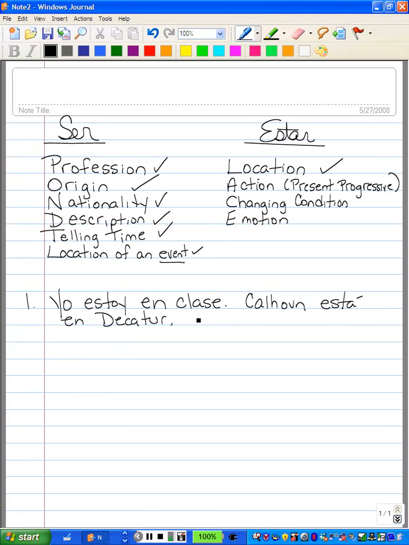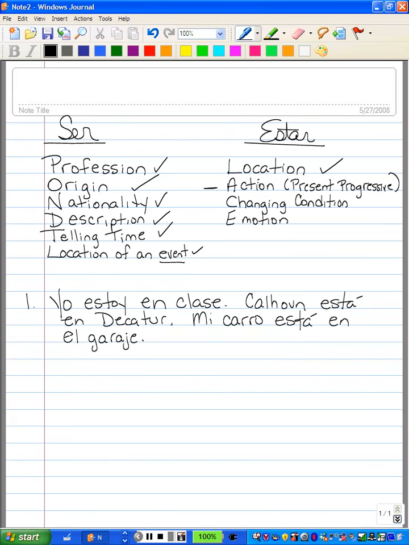You could say, mi carro, my car, está en el garaje. My car is in the garage. All of those are locations. None of those are events.